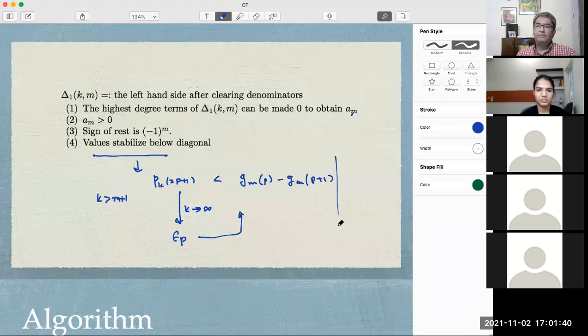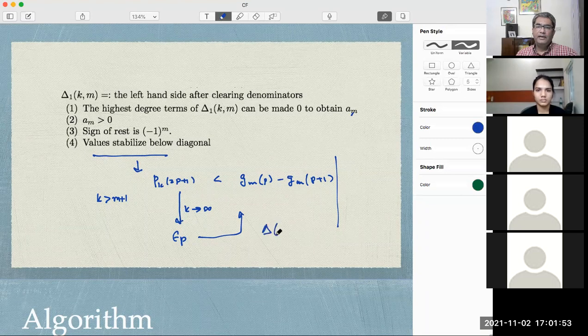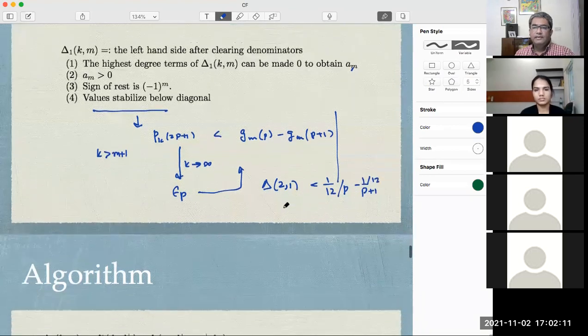In particular, suppose the first upper bound we found was for delta k equal to 2 and m equal to 1, where this was less than 1 over 12. A1 was 1 over 12. So it's 1 over 12 P minus 1 over 12 P plus 1.